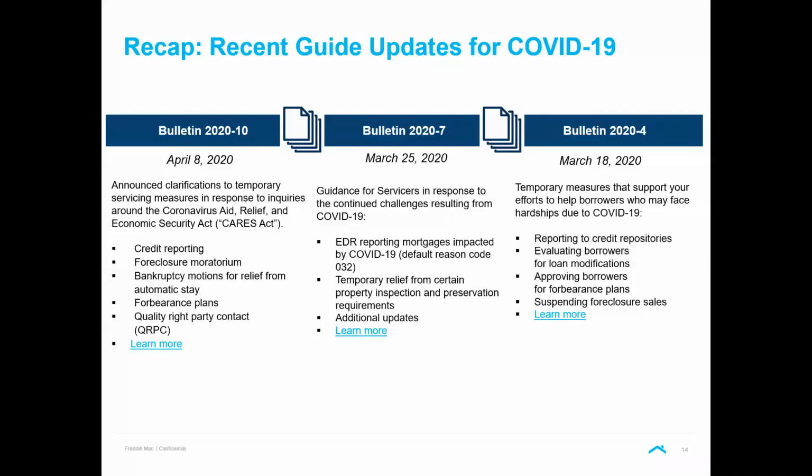And then we did update our QRPC requirements to make what we're calling limited QRPC, which means you don't have to check on the occupancy status. And this isn't really for forbearance, because under the CARES Act, you need to approve forbearance if the borrower attests to having a COVID-19 hardship. It's probably less than QRPC.